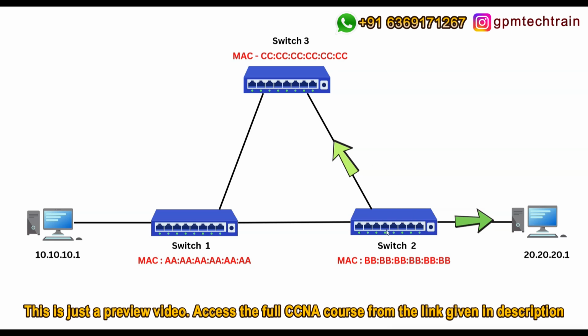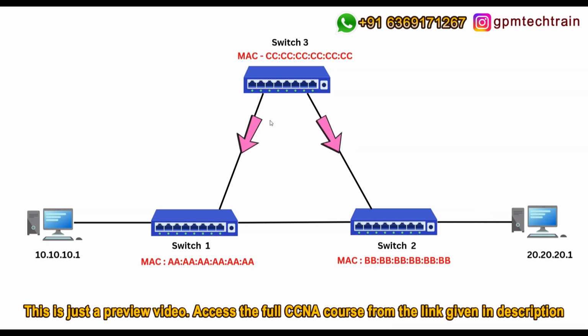Leave it. The same would go to the PC. Anyway, the PC would send back its MAC address, and you know the other process, right? However, what happens now is that the first broadcast, received from switch 1, is forwarded to every port except the one it came in on.